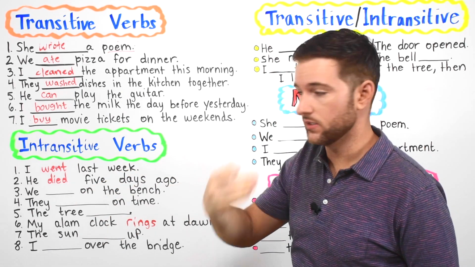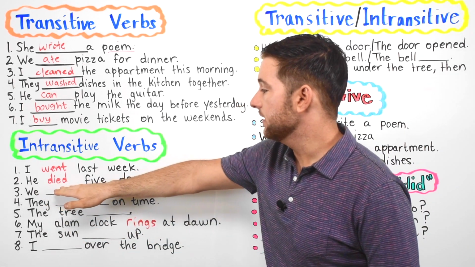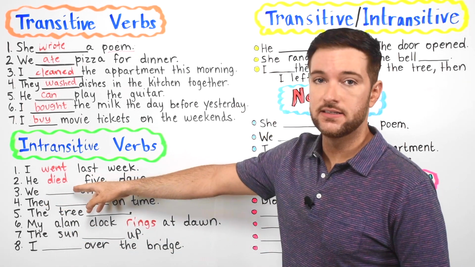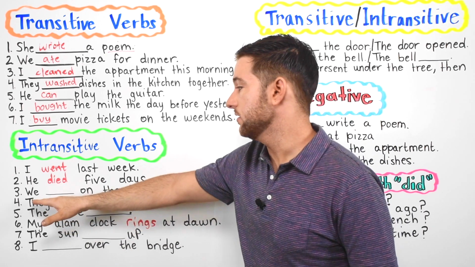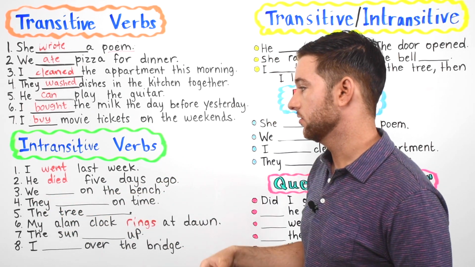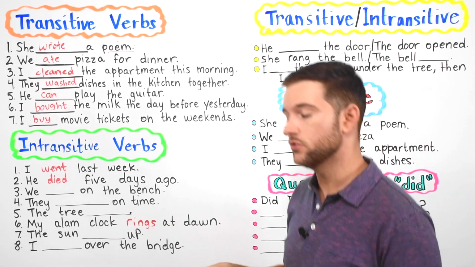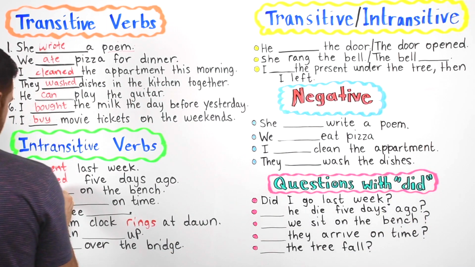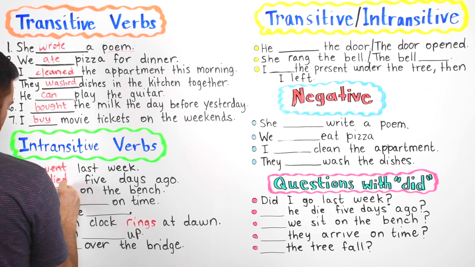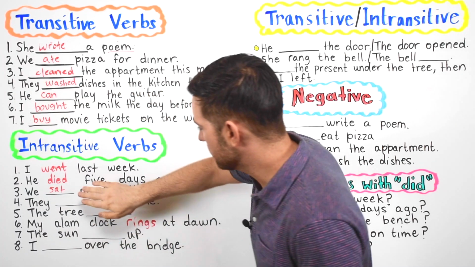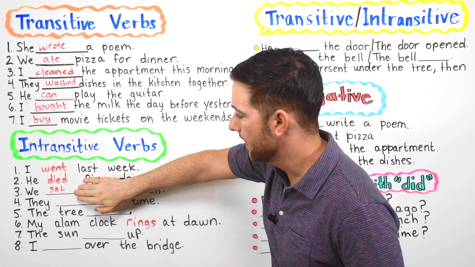I went last week. Number 2, he blank 5 days ago. He died. Number 3, we blank on the bench. What did we do on the bench? On a bench, you sit. You can say, we sat on the bench. But you don't have to put this. You could just say, we sat.